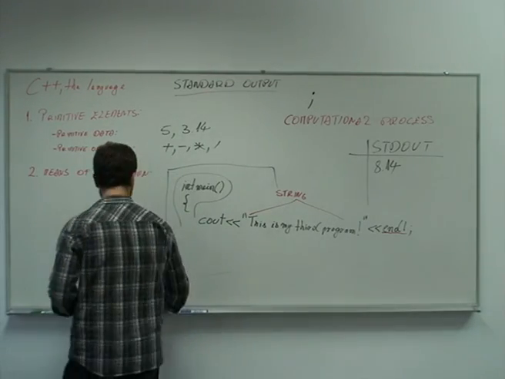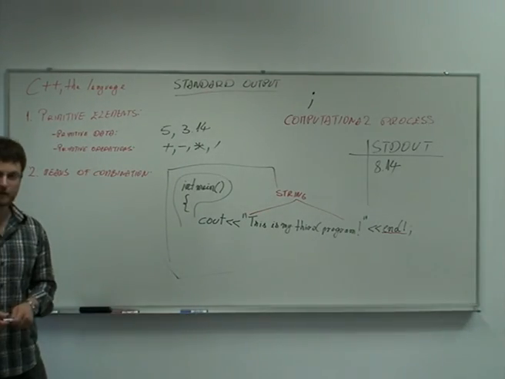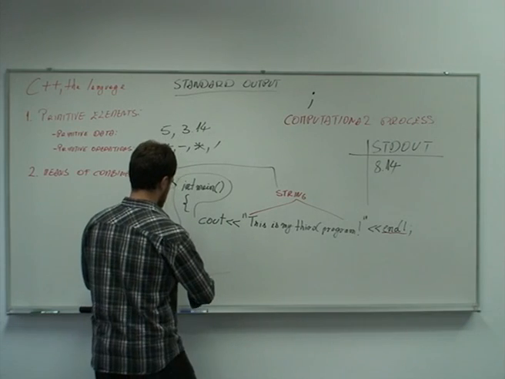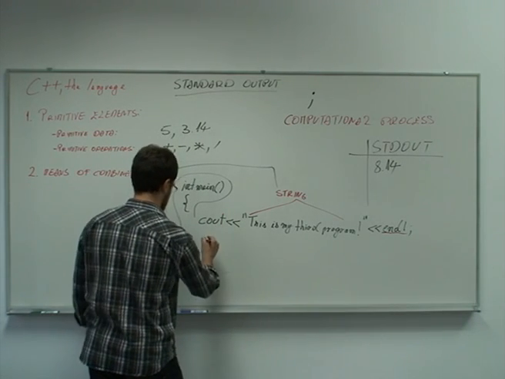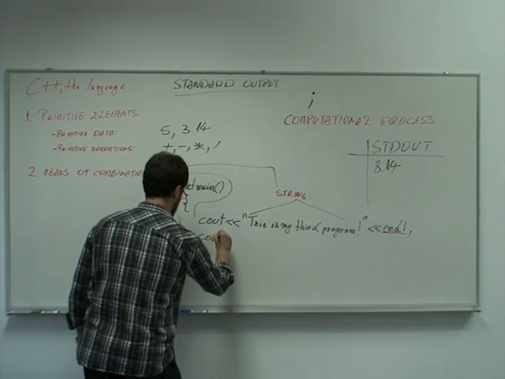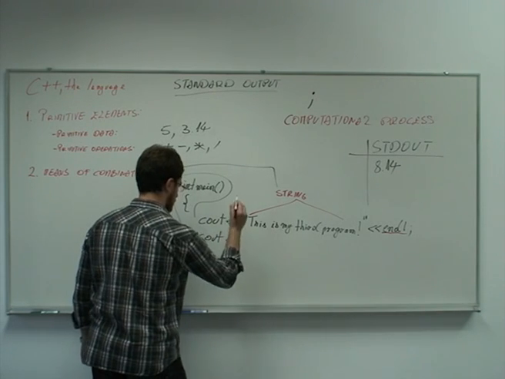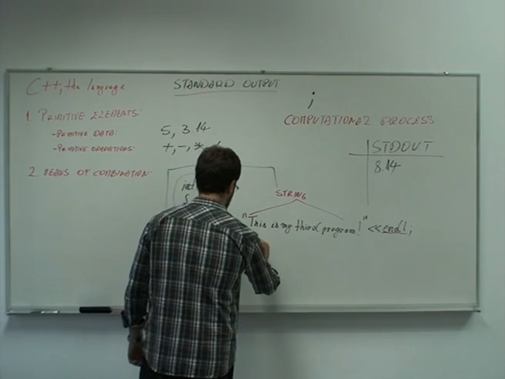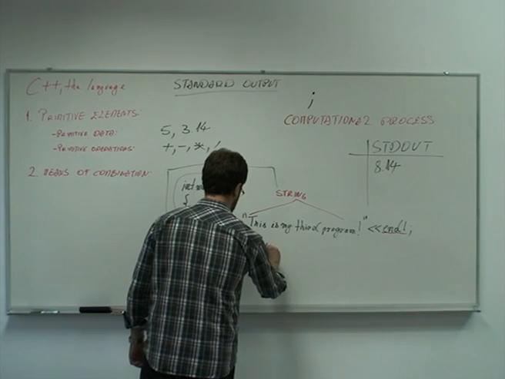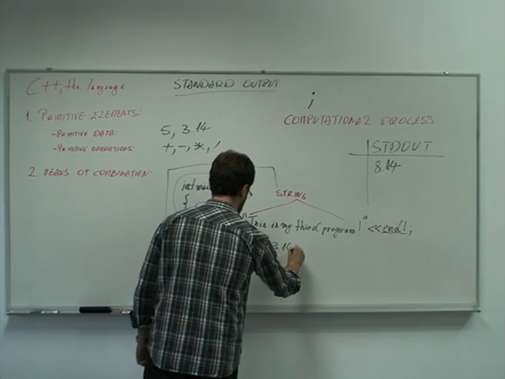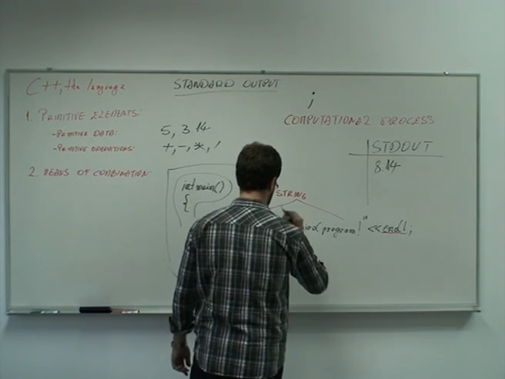Finally, I have to do some useful work with this program. So I'll write another statement. cout, less than, less than, double quotation signs, 5 plus 3.14 equals, double quotation signs.